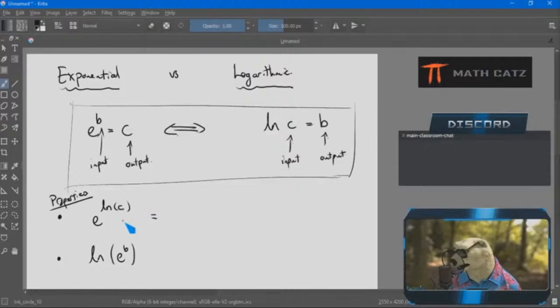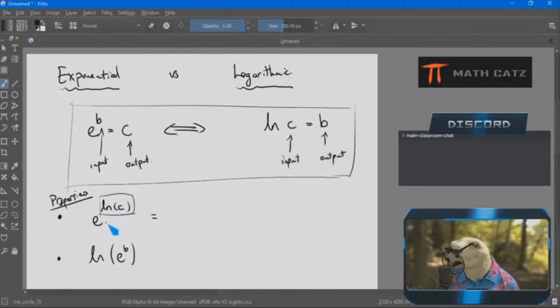The letters are irrelevant. What does this first one tell me, informally? Well, if I just look at the exponent, that in the box is a number. It's the number that I have to raise e to, the power I have to raise e by, I guess is the word, to get an answer of c.